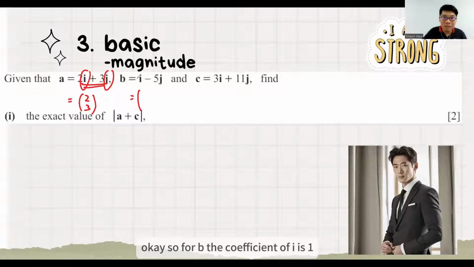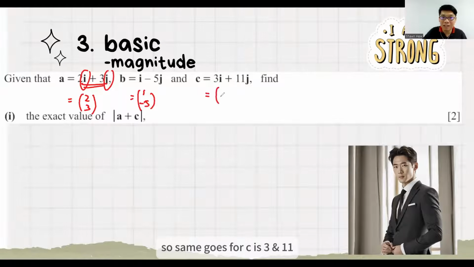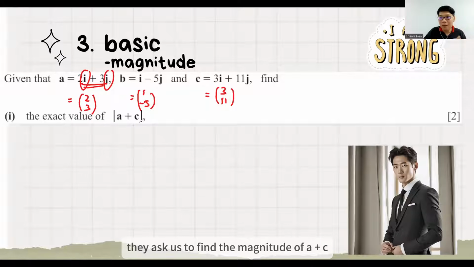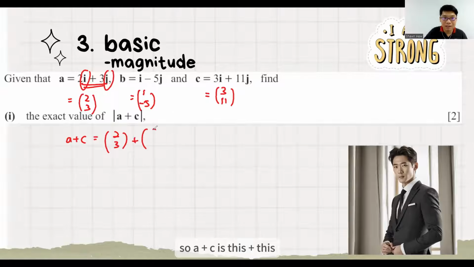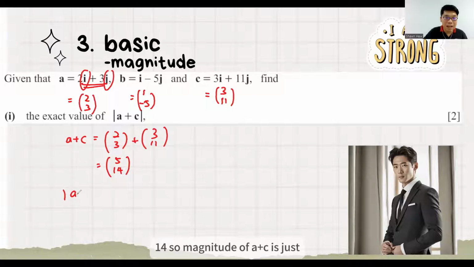So for B, the coefficient of i is 1. For j, the coefficient is -5. The same goes for C, which is 3 and 11. For this question, they ask us to find the magnitude of A plus C. We must know what A plus C is first. So A plus C is this plus this. So it's (5, 14). So the magnitude of A plus C is this squared plus this squared, square rooted.